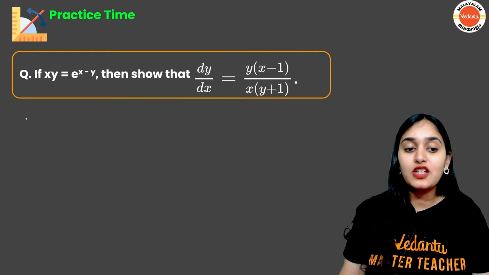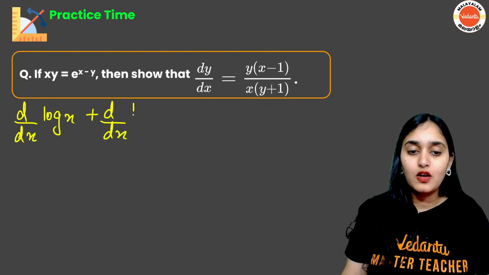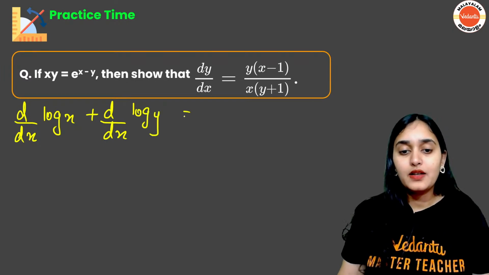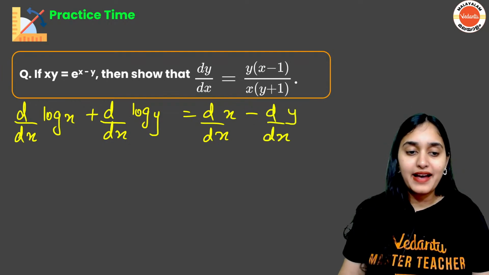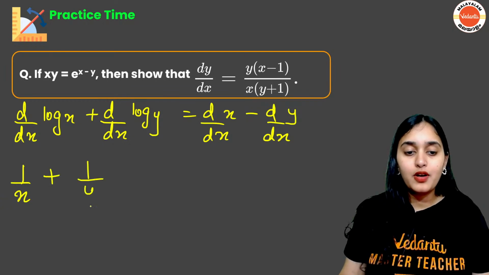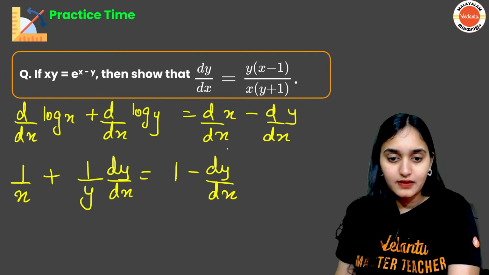Now, we will differentiate it. Differentiation of log x, differentiation of log y is equal to differentiation of x minus differentiation of y. So, we get 1 upon x plus 1 upon y dy by dx. We get 1 minus dy by dx. Do we have more space? Yeah.